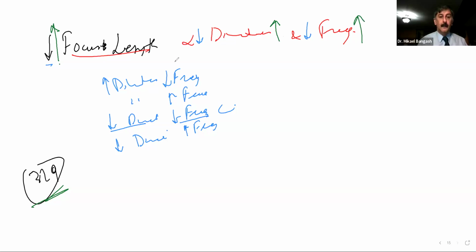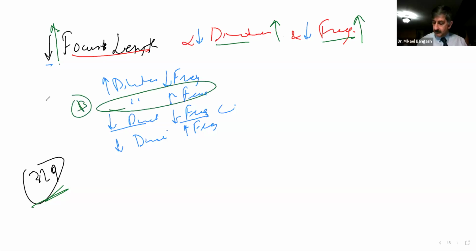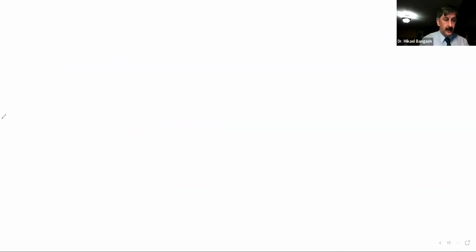Because your focal length was directly proportional to both of these as well. So greatest frequency and greatest diameter? B. Did that make sense? Good.